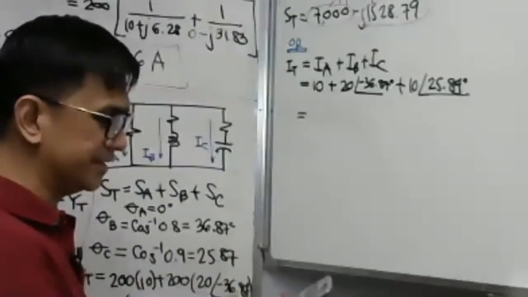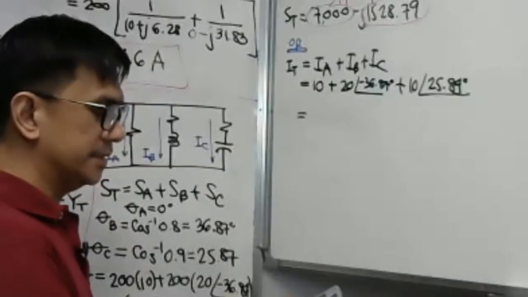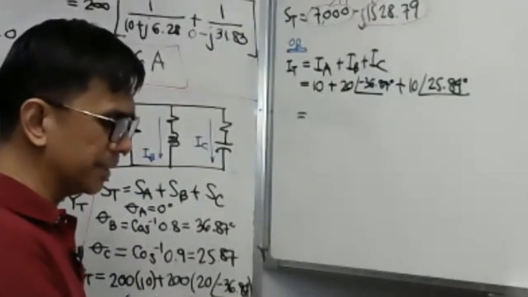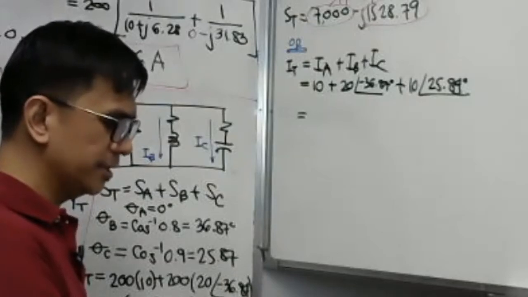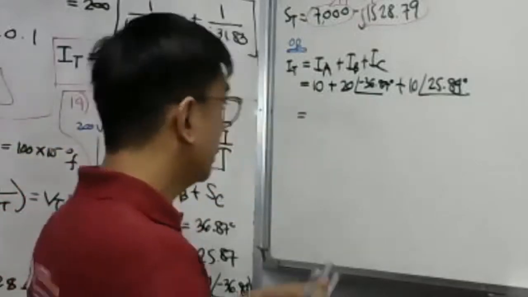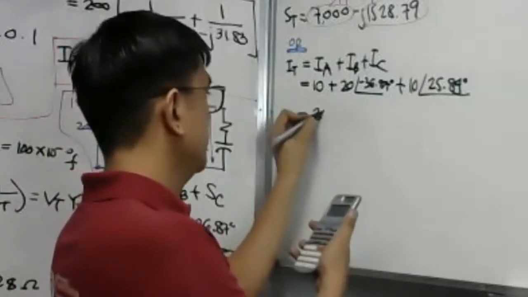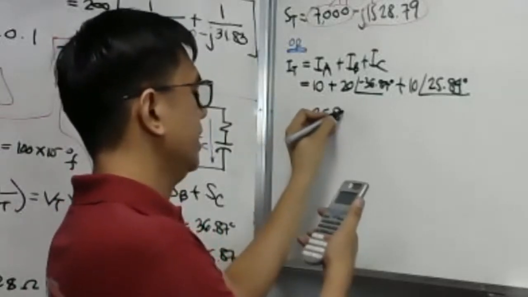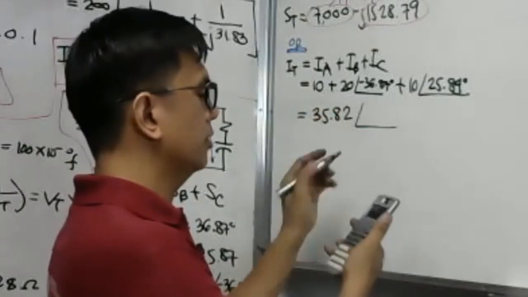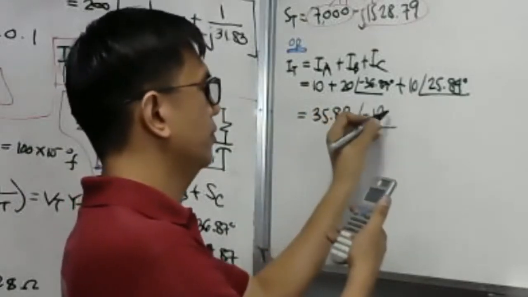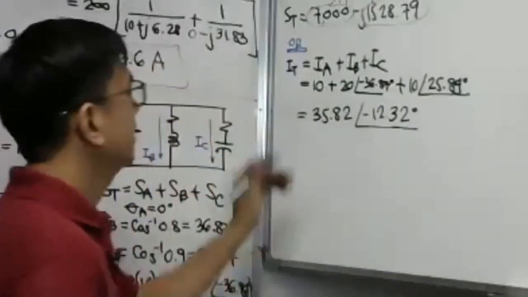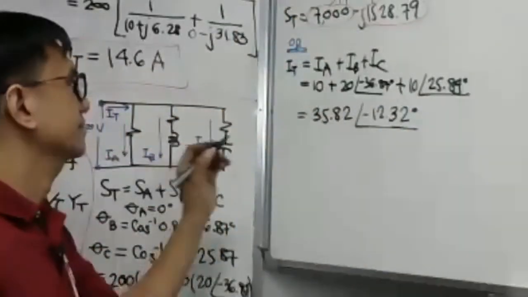Then you press shift 2, 3 kasi naka-rectangular pa lang yon. Let's make it into polar form. This will be the answer: 35.82, bar angle negative 12.32 degrees. Same angle as our ST, right?